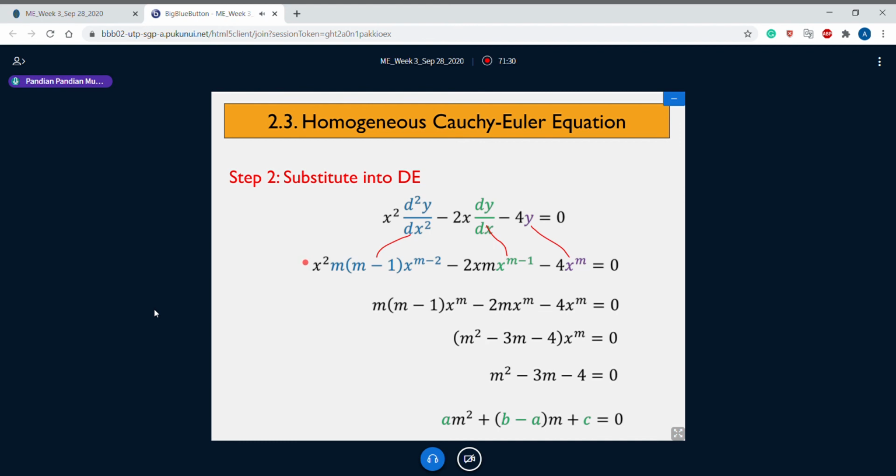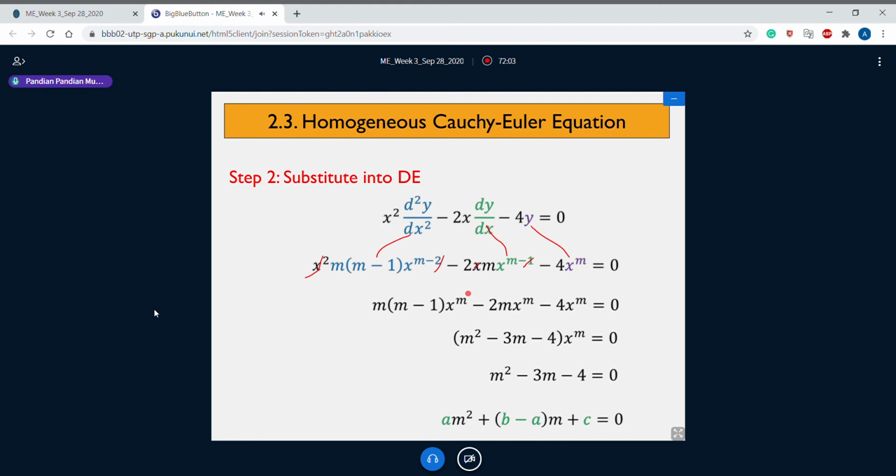If you plug in all the derivatives and rewrite again: x² m(m-1) x^(m-2) minus 2x m x^(m-1) minus 4x^m equals 0. Then you simplify: x² cancels off, this x^(-1) cancels off. You have m(m-1) x^m minus 2m x^m minus 4x^m equals 0.